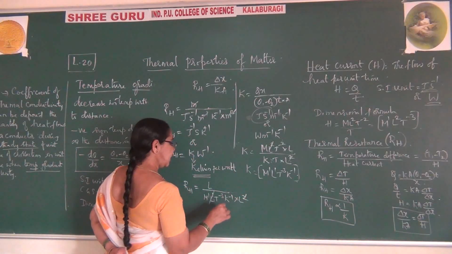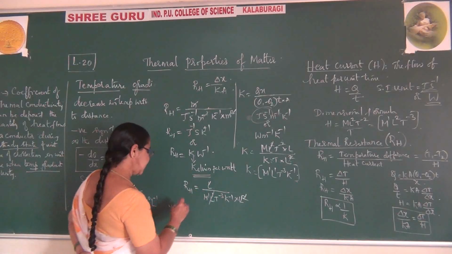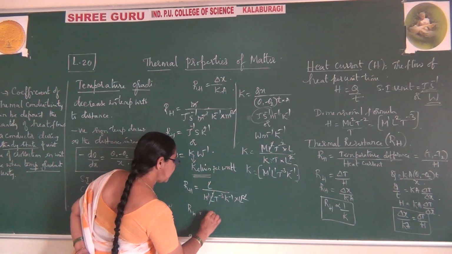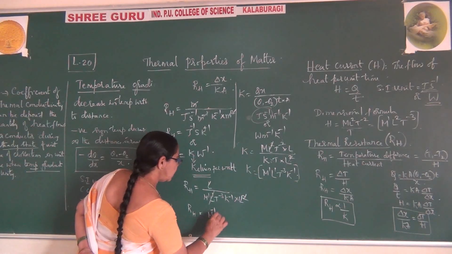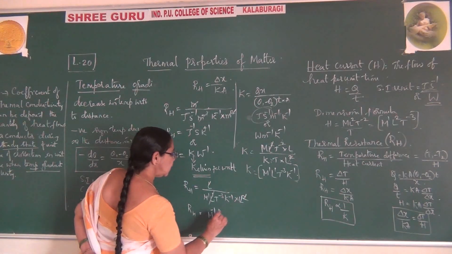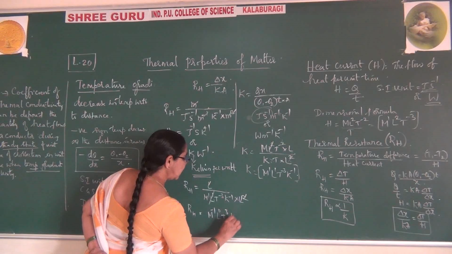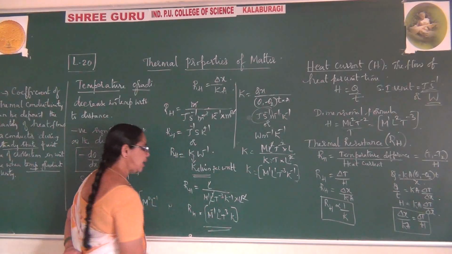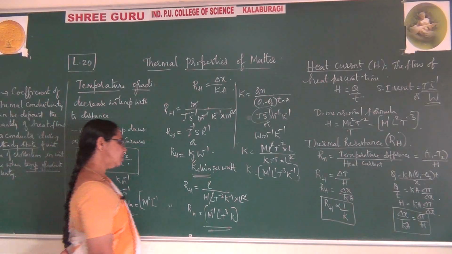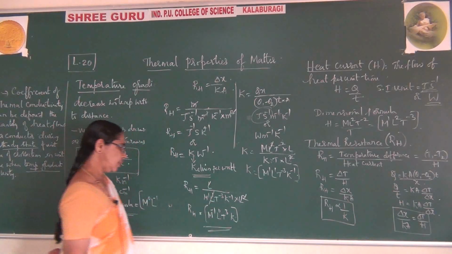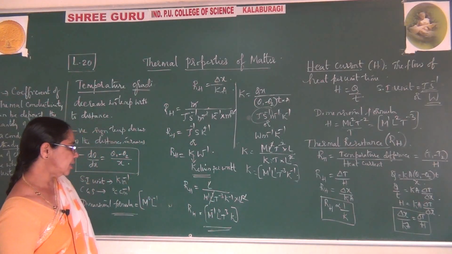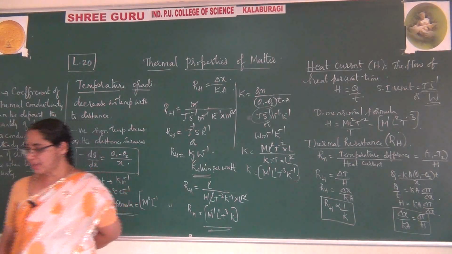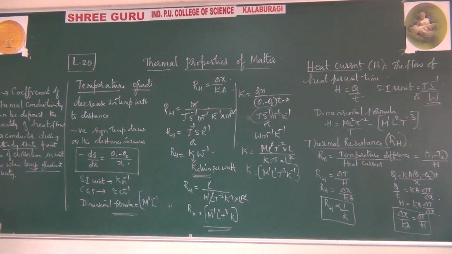This L and this L get cancelled, you get R_H is equal to M to the power of minus 1, L to the power of 0, T to the power of plus 3, K. So you get the dimensional formula like this. L is already cancelled here, so you will never get L here. M to the power of minus 1, T raised to 3.